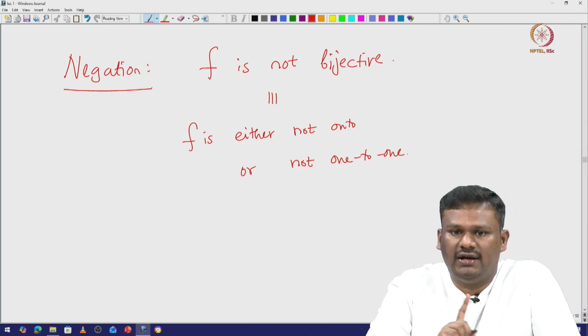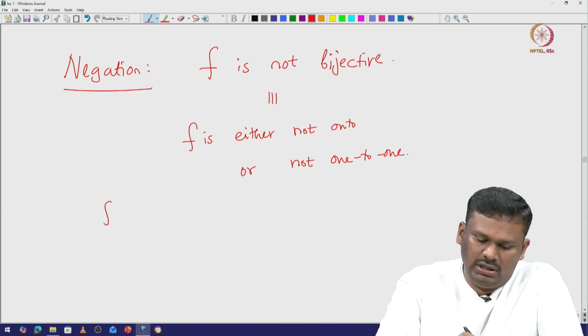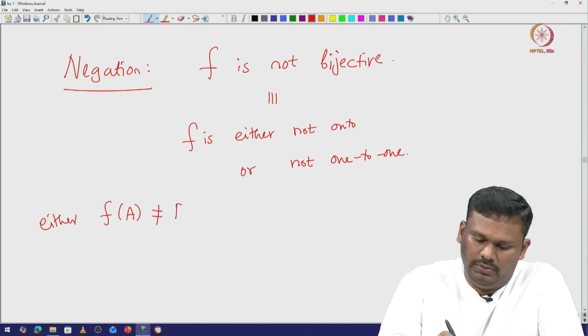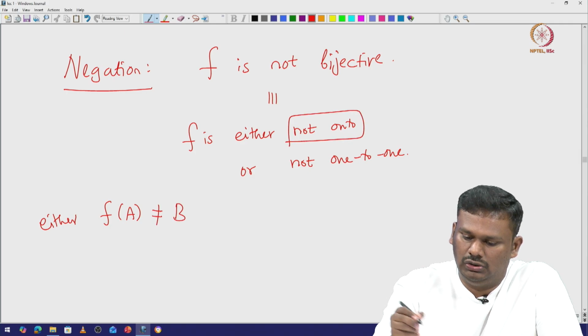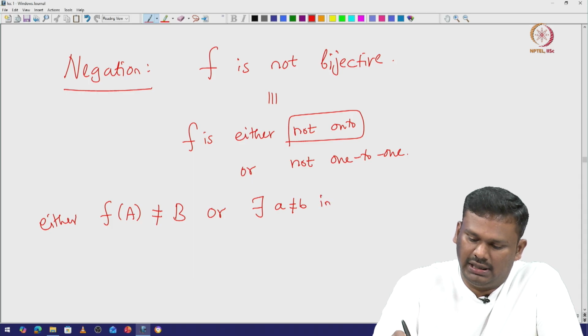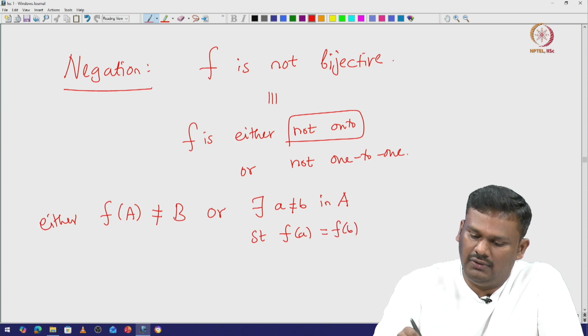So, one of them will be violated. So, this is equivalent to saying f of A is not equal to B, which is the meaning of not onto, or there exists a tuple a b inside capital A such that f of a is equal to f of b. So, this is the meaning of not one to one.